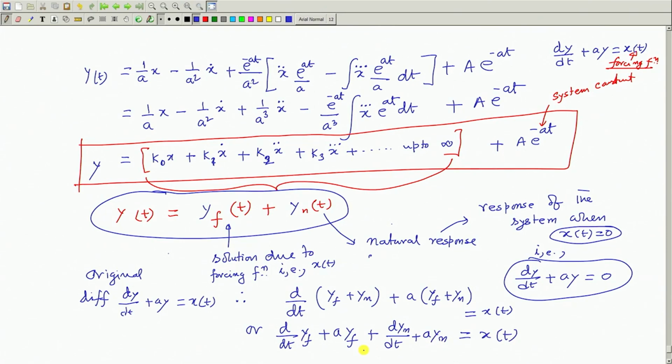But the solution due to natural response, we have found out earlier, this y n t is this one, a into e to the power minus a t. So, if you substitute here, what is this addition? It will be equal to d y n dt, that is minus a into a e to the power minus a t, plus a into y n, a into e to the power minus a t, and it will give rise to 0.